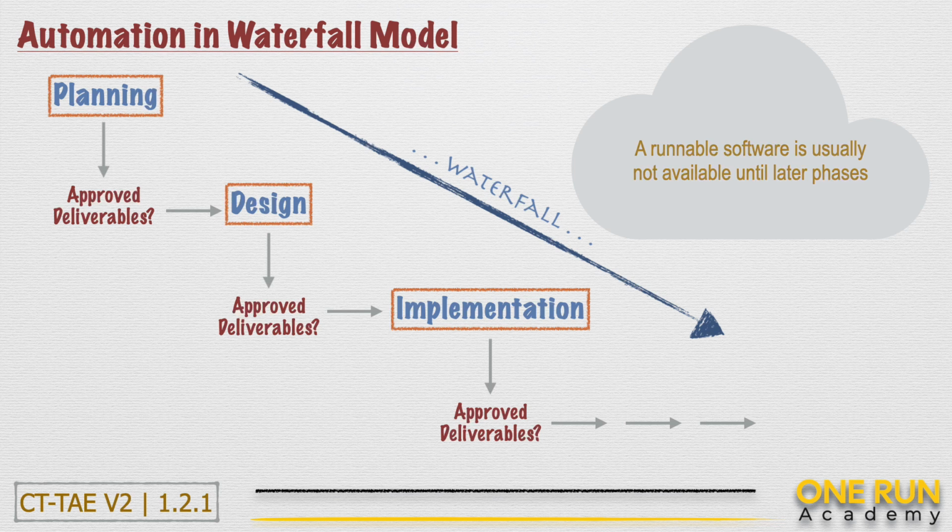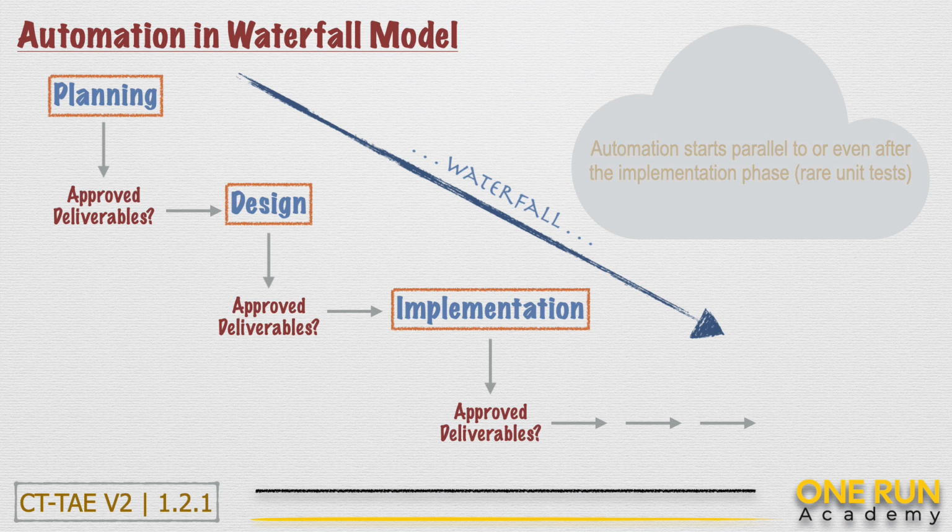Sadly, this gives us, software testers, a very limited time to prepare our automation scripts before the verification phase, because without a runnable work product, automation is out of luck. And as a result, test automation usually starts in parallel and sometimes even after the code implementation phase, very late as a matter of fact, to perform unit or component testing.